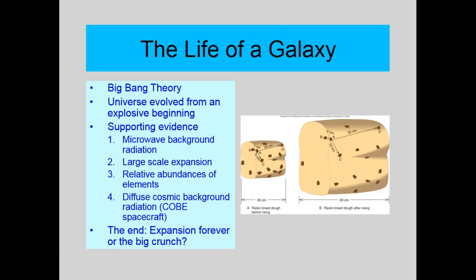That was one of the early ideas of what's happening here. Okay? Large-scale expansion. The problem is they're accelerating and getting further apart. Raisin bread, they may start fast, but then they start slowing down. These are getting faster as they accelerate. Okay? You can read more here, and that, by the way, is Hubble's law.